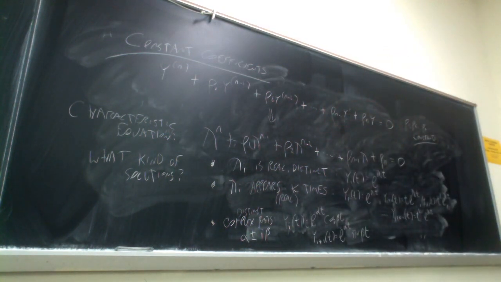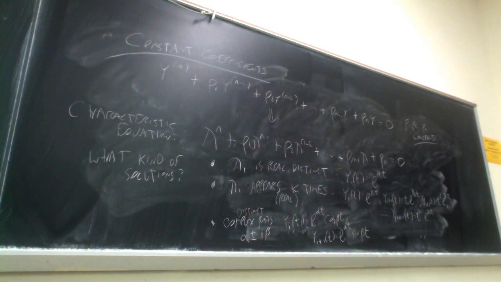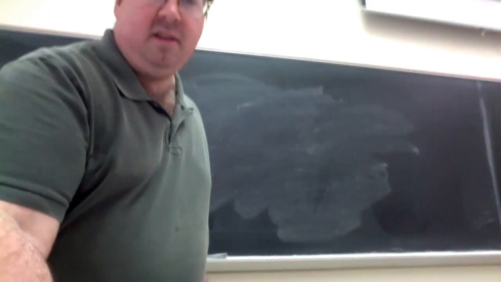But the last case is, what if you have complex roots that repeat? Really, you're putting the last two cases together. So you still have your exponential times the same cosine or sine, but now those are multiplied by the appropriate powers of t.